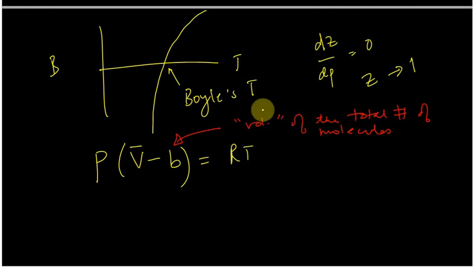Okay, so this is not volume, but let's call it molar volume, some kind of. It's not exactly the molar volume, it's something more than that, but let's call it some kind of measure of the molar volume, right?